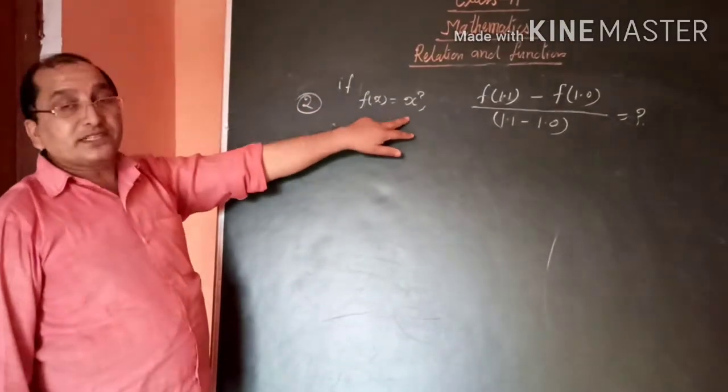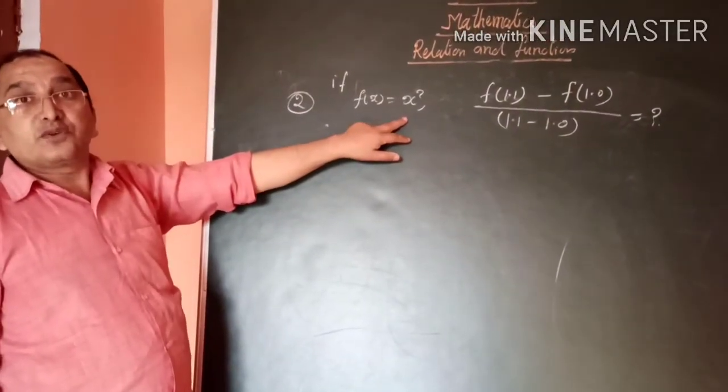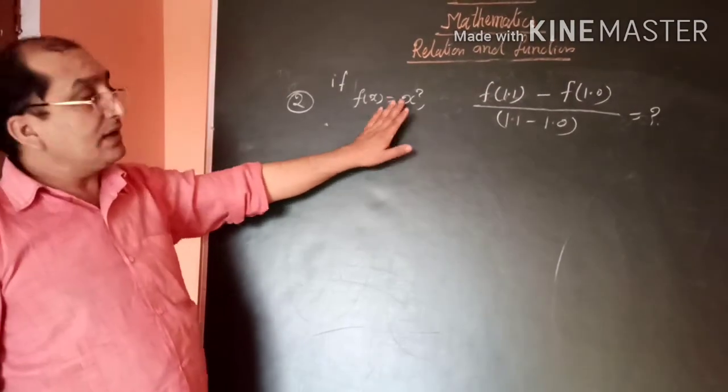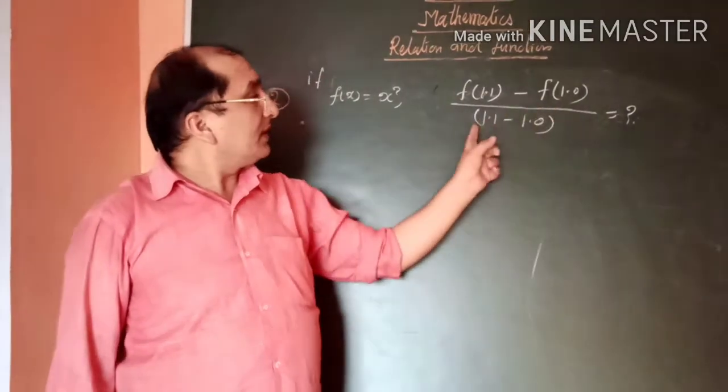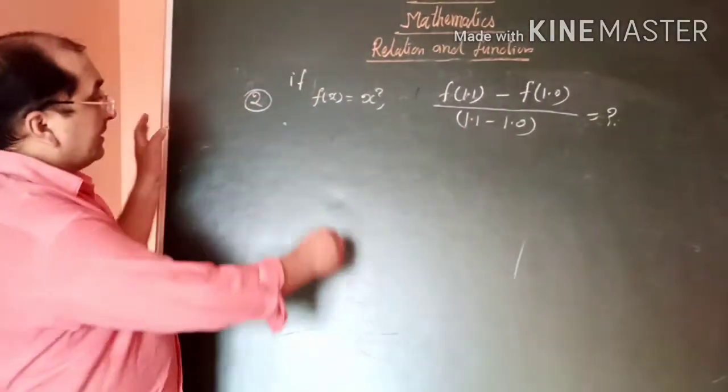f(x) equal to x square. The question is: f(x) is defined as x square, and we have to find the value of f(1.1) minus f(1) upon 1.1 minus 1.